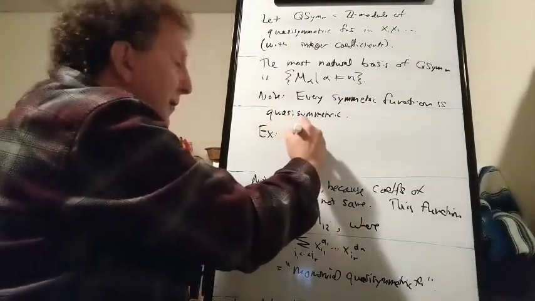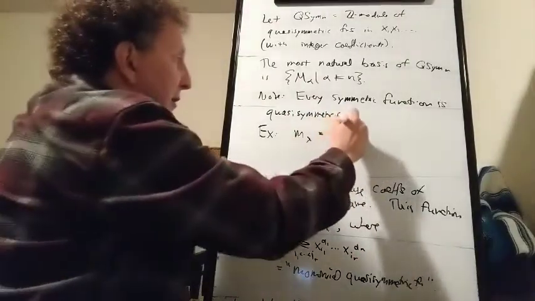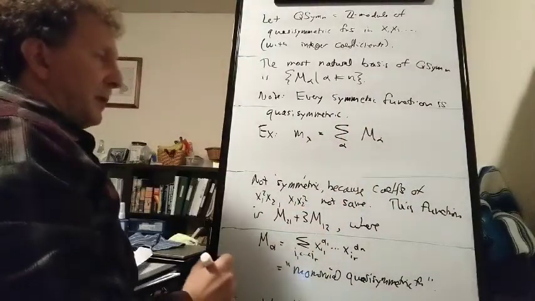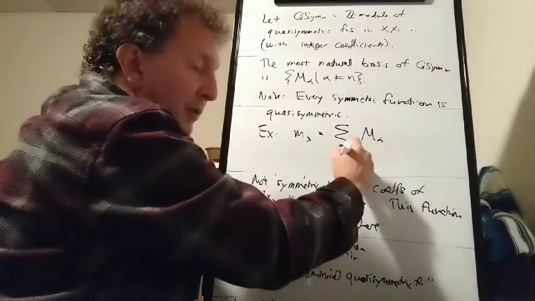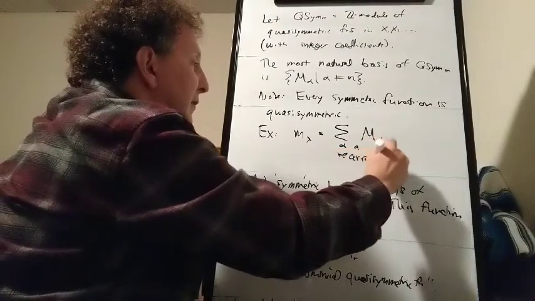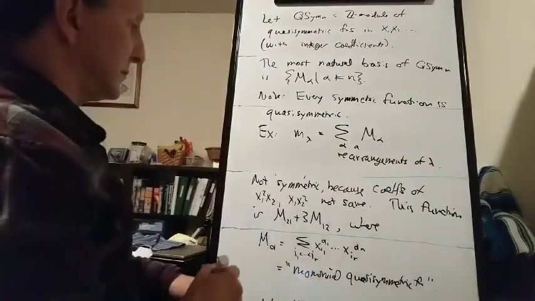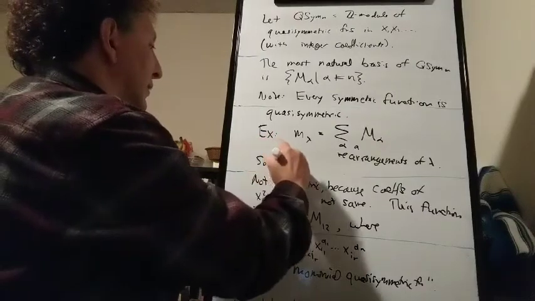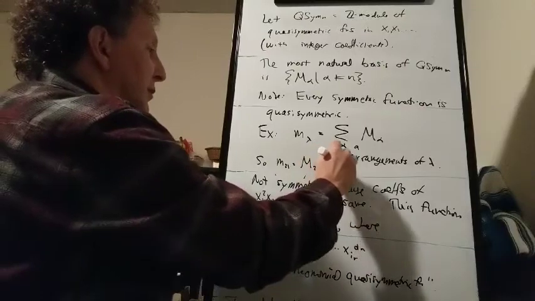For example, the monomial symmetric function m lambda is a sum of quasi-symmetric functions M alpha, where the sum is over all alpha which are rearrangements of lambda. So little m21 is big M21 plus big M12.